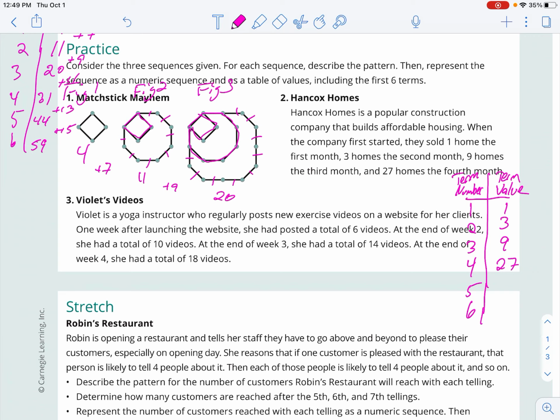As we're looking at the pattern here, what are we doing? 1 to 3 to 9 to 27. We are multiplying by 3, so it's increasing by a factor of 3. So 27 times 3 is going to give me 81, and 81 times 3 is 243. So by 6 months, they get 243 homes sold.